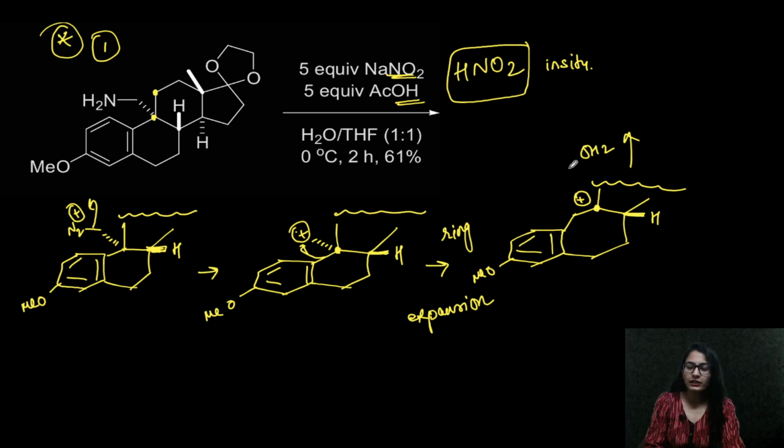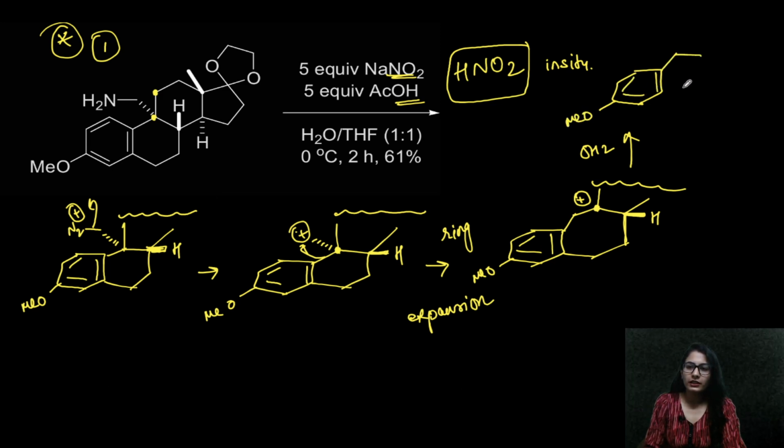But there is one more thing that you have to take care of, that is, even if the water is attacking, it is going to attack from below the plane because there is a hydrogen above. And I hope that you understand this thing. If the hydrogen is above, these two bonds are going to be below the plane, right? So that is why you are going to make the product something like this.